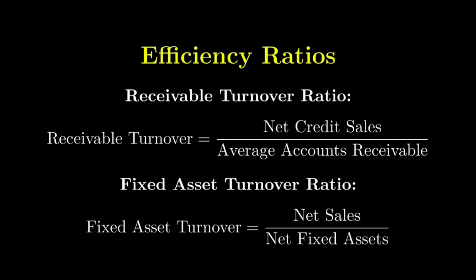For the fixed asset turnover ratio, for short, I usually put it as FAT. And to easily remember it, I will just say SNAP. That is sales divided by net fixed assets, where P stands for property or productivity. So this is how I remember this.